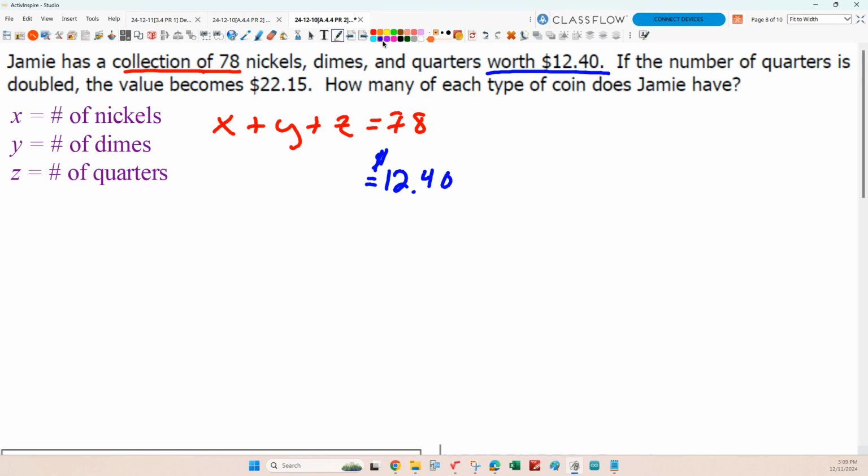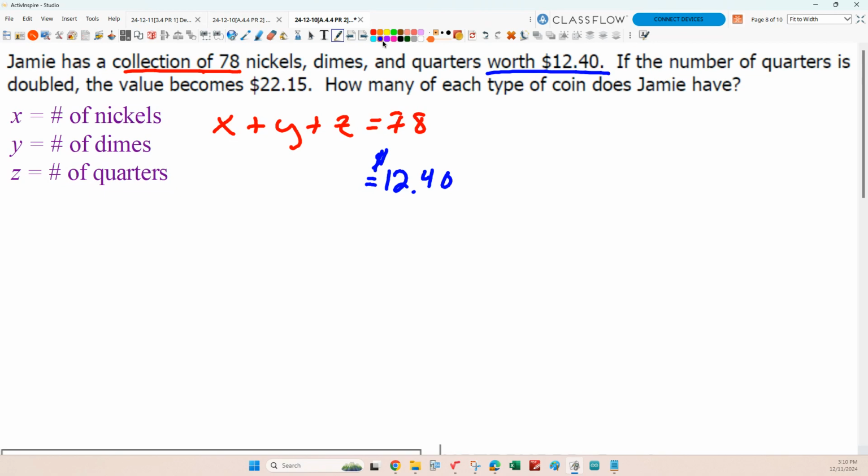Now, X is the number of nickels. What's the dollar value of a nickel? Okay, but I want it in dollars. Okay, $0.05, right? 5 cents would be $0.05. So if you had, let's say, 25 nickels, how could you figure out the dollar value of that? 25 times 0.05, right?